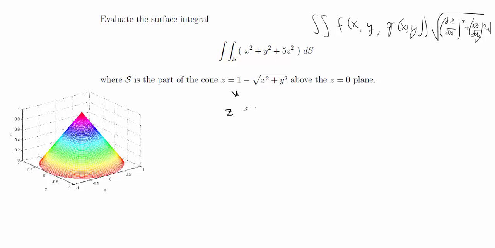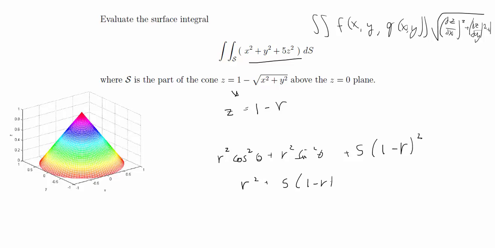If we switch to cylindrical coordinates here, we're just going to get z equals 1 minus r. That gives us r squared cosine squared theta plus r squared sine squared theta plus 5, and then we plug in the z, so that's 1 minus r squared. When we simplify that, that just gives us r squared plus 5 times (1 minus r) squared.